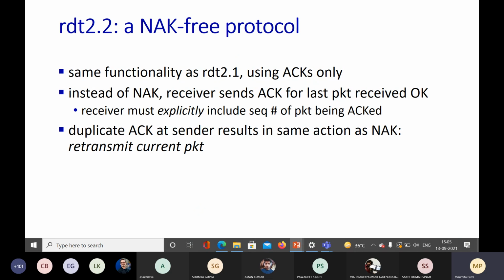Suppose the receiver receives a correct packet with sequence number 0. It will send an acknowledgement back to the sender saying that I have received packet number 0.